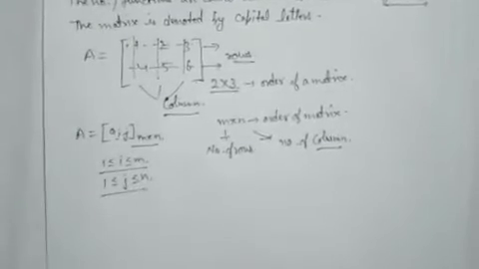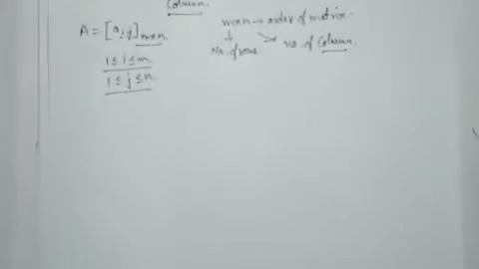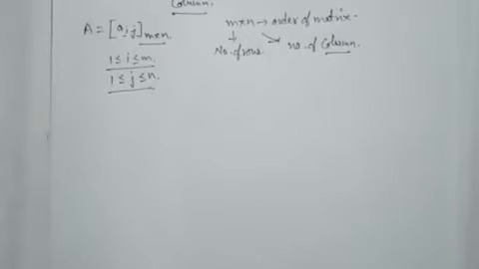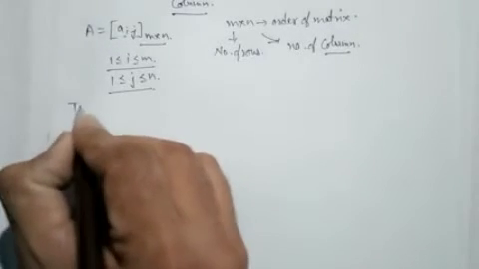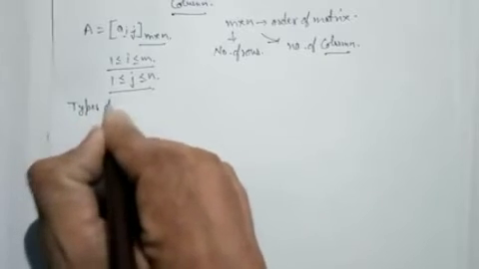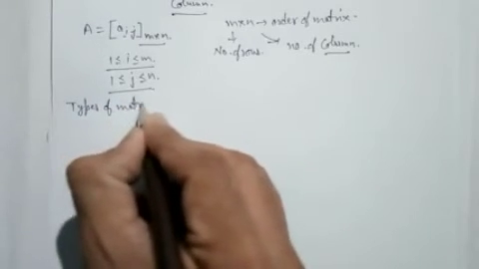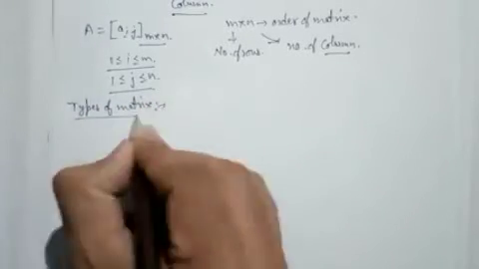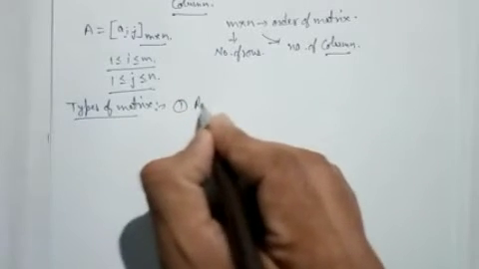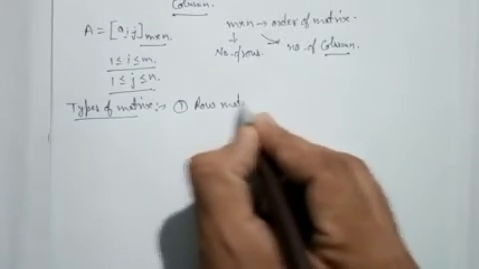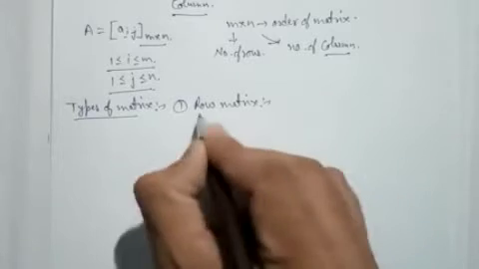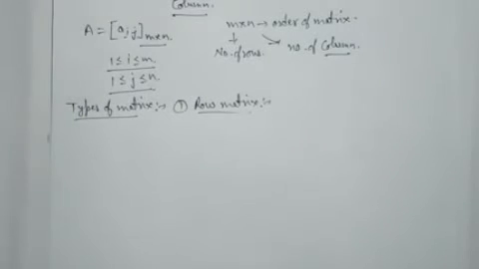Now, depending upon the entries, the number of rows and the number of columns, there are many types of matrix. The types of matrix. First is the row matrix. As its name indicates, a matrix having only one row.